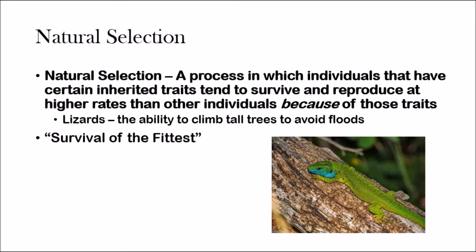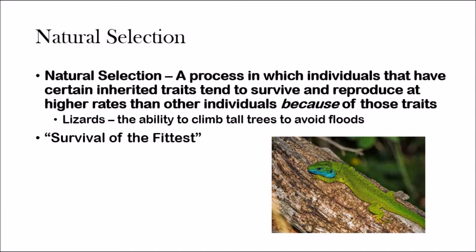So with time, with natural selection, what's going to be left are just these 250 lizards which can survive because they can climb tall trees, and all the other 750 lizards are going to be wiped out. So what happens is now you have this population of lizards which have the ability to climb trees, okay? And that population will reproduce and eventually create another set of, let's say, 1,000 lizards. And now all these lizards are going to have that ability to climb trees. So that's basically what natural selection is.